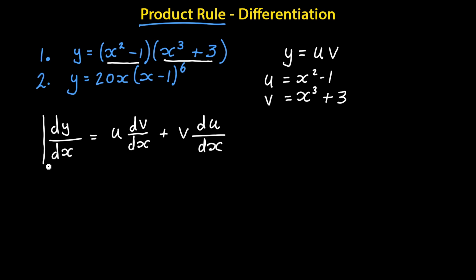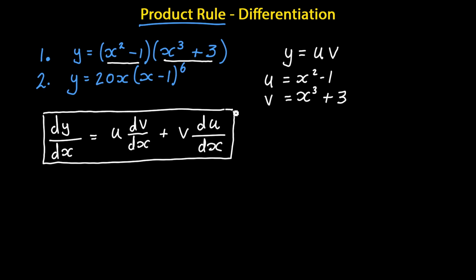Now this equation would normally need to be memorized for most courses, and you're expected to know this in order to answer these types of questions. So let's try and solve these two equations above using the product rule. And we're going to start with equation 1. And we've already split it up into its u and v components.